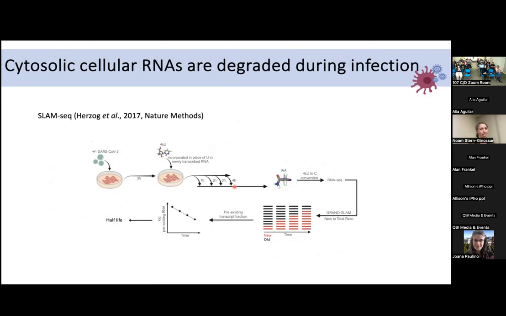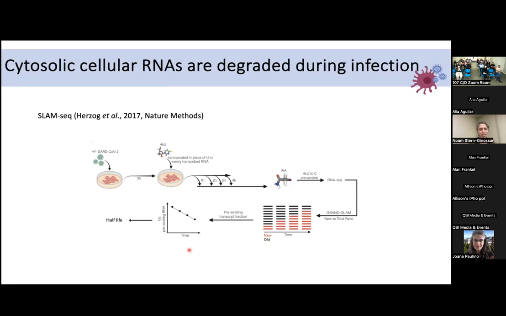We then extract the RNA and use iodoacetamide to alkylate the 4SU. It's something that by sequencing will look like cytosine. And then by RNA-seq, we can identify for every read whether it's newly generated RNA or old RNA based on the U to C conversion. And from this, we can calculate basically the half-life of all cellular and viral transcripts.